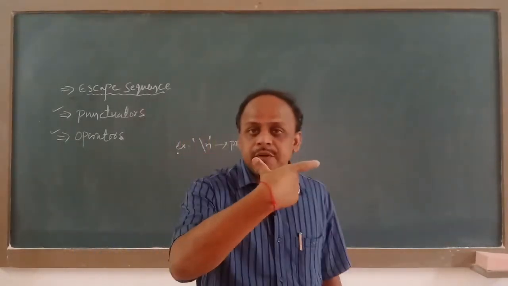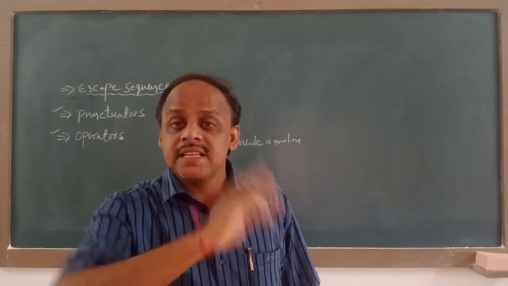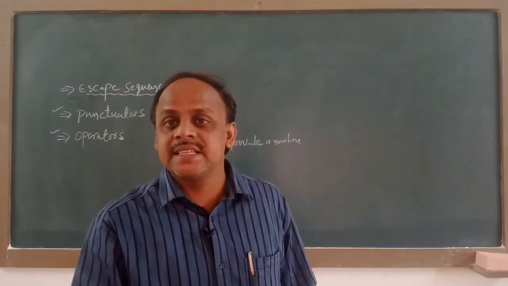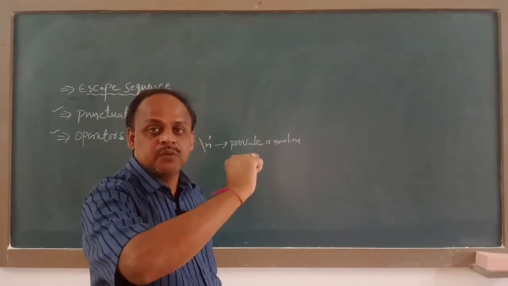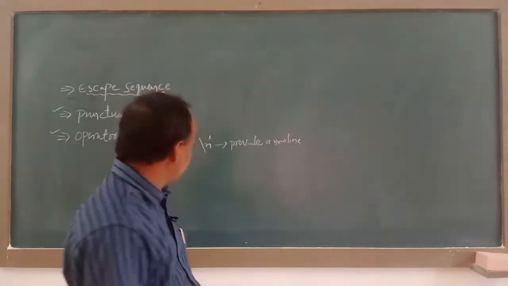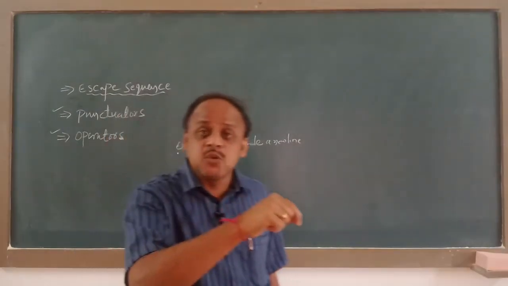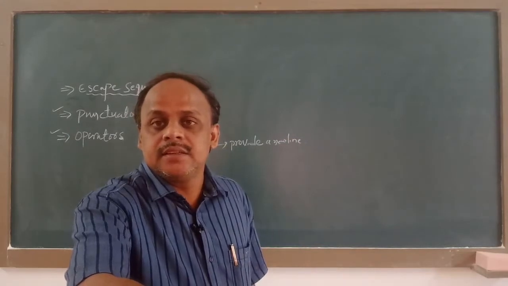Suppose we write one cout statement, welcome to C++ class. Afterwards, whatever we want to print must be printed in the next line. That means after the first sentence we are going to use this \n, which moves the cursor to the next line.